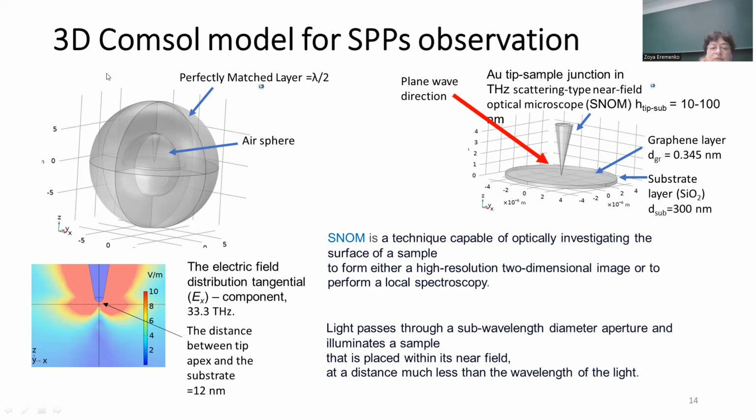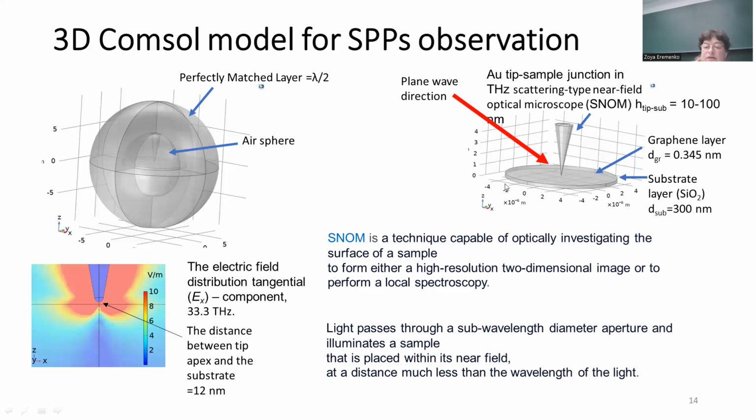I show the possibility of a 3D model in COMSOL to simulate surface plasmon-polariton waves in a 3D model. These waves can be excited by a plane wave, and by using the tip-sample junction in a SNOM microscope.